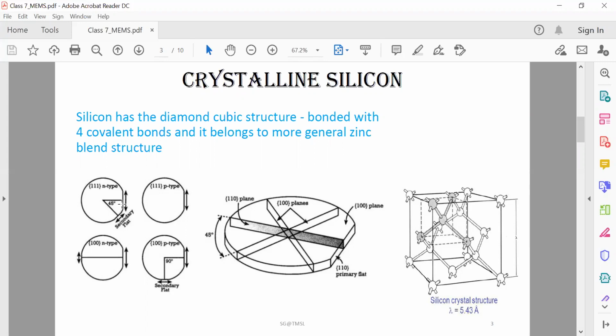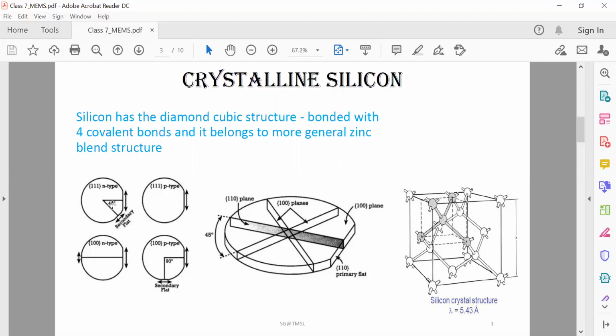Okay, and the angle between this primary flat and secondary flat is 45 degrees. Now if a primary flat and secondary flat are made like this, then this silicon slice is 111 N type silicon.